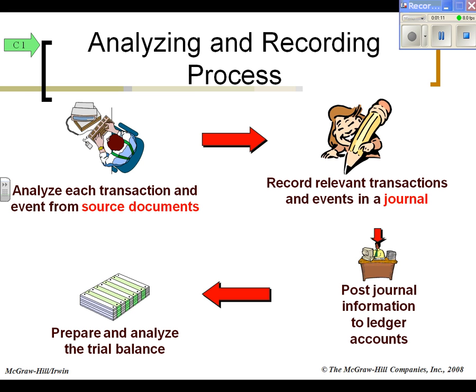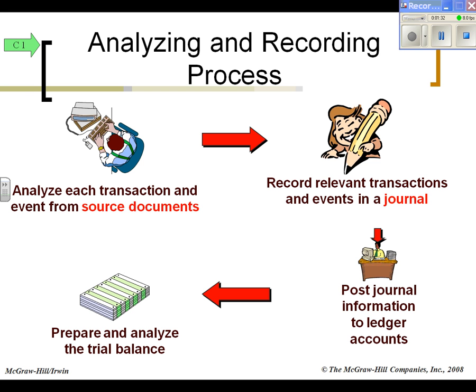The next step will be to record the transactions and events, and it's known as journalizing. So first you're going to analyze, then you're going to journalize, and then we'll post, meaning we're going to take those journal entries and post them to the ledger accounts.